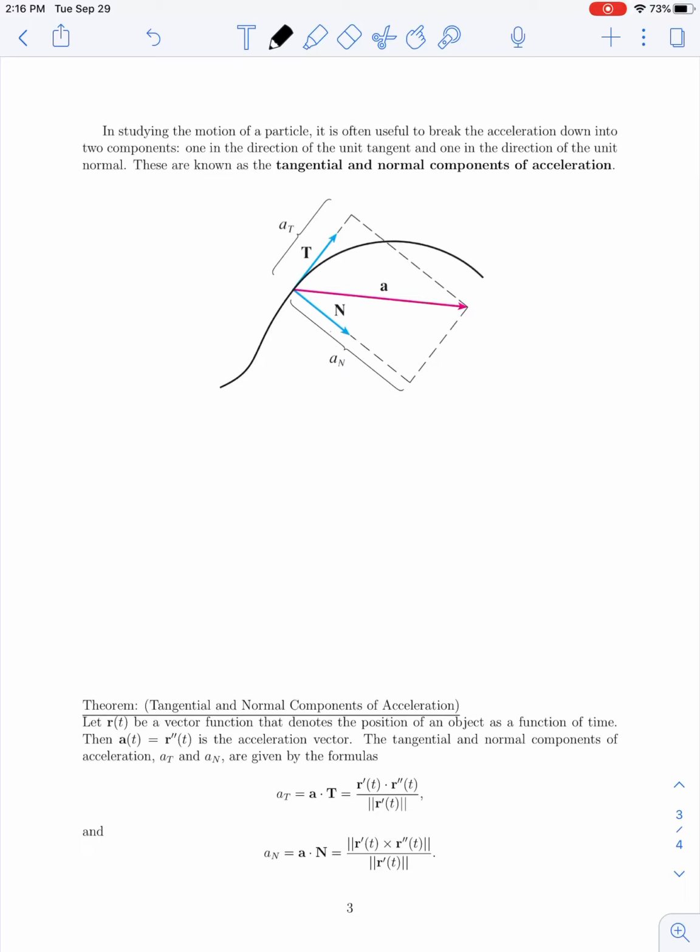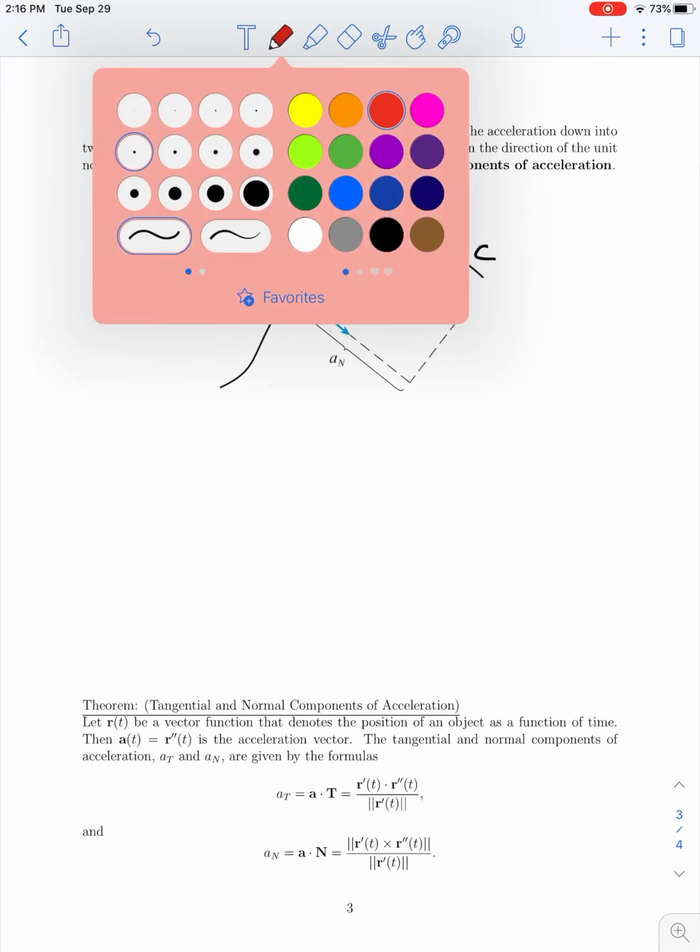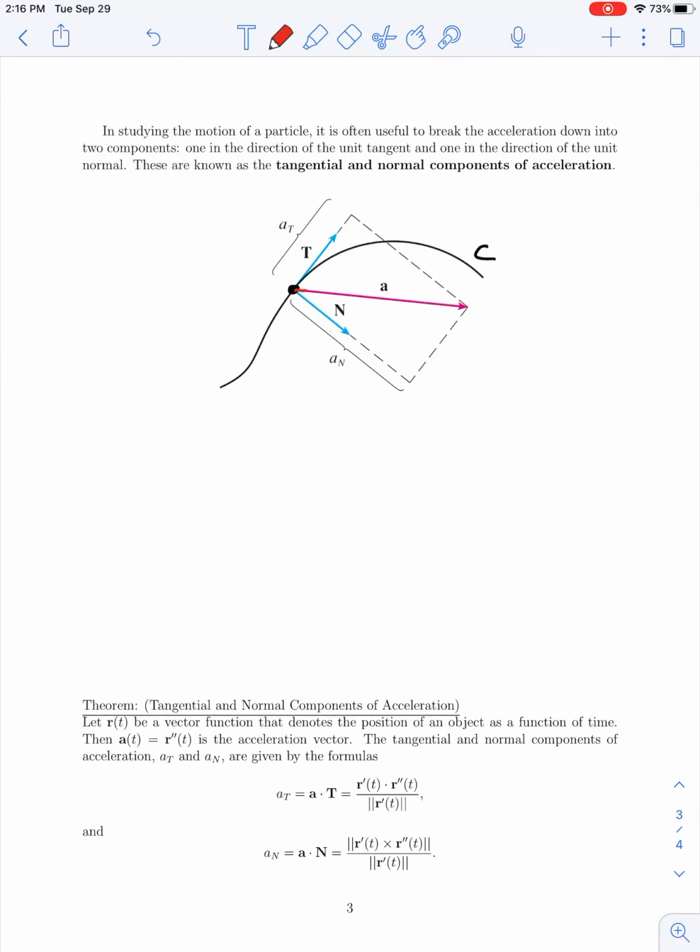So to illustrate this, let's suppose that we have this space curve, C, or maybe just a curve in the plane as it's shown here. And for any point on this curve, so for any point in time, we have some acceleration vector describing the acceleration of our object. So say this vector A here.